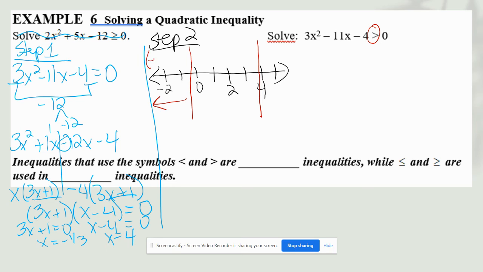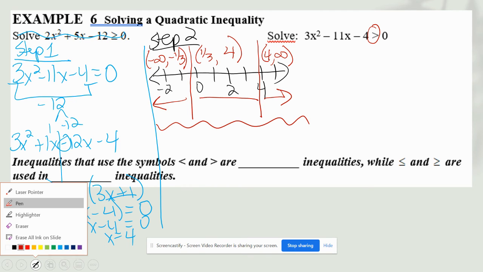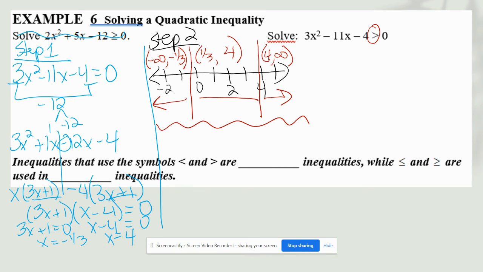This way is going to negative infinity, so negative infinity to negative 1/3. The middle is -1/3 to 4. And then the right side is going from 4, and then the arrow is positive infinity. So that gives us our intervals for our test values. So we have, this is step 3, interval, test value, and true false.